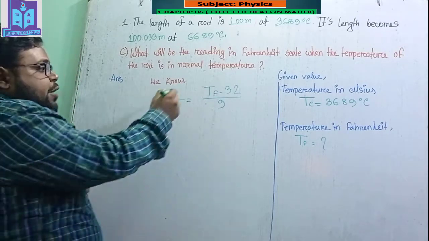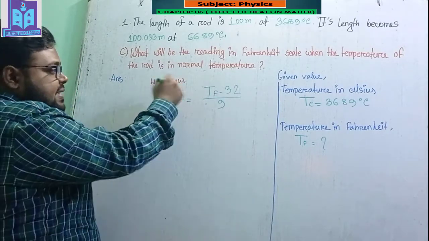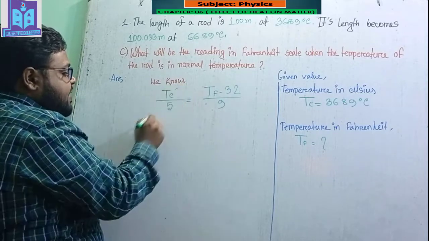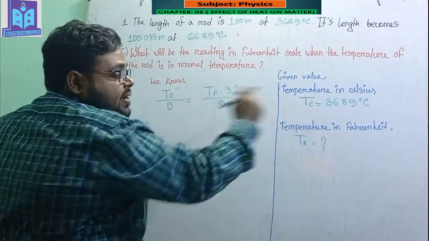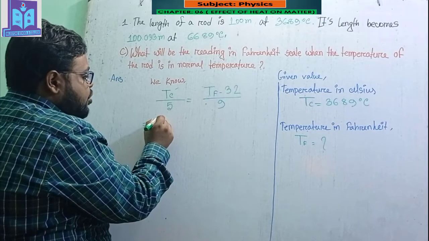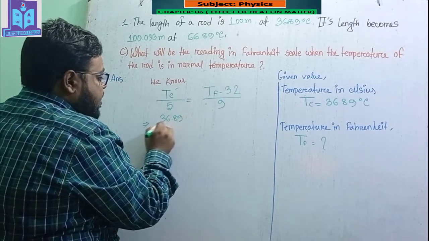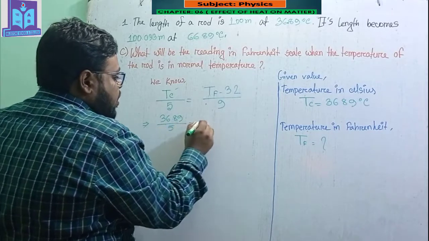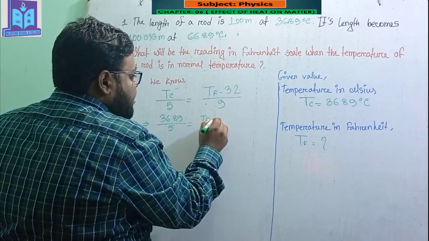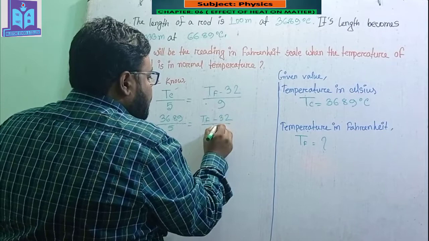So I know that the temperature in Celsius scale, the value of Tc equals 36.89. So I can put 36.89 divided by 5 equals to Tf minus 32 by 9.